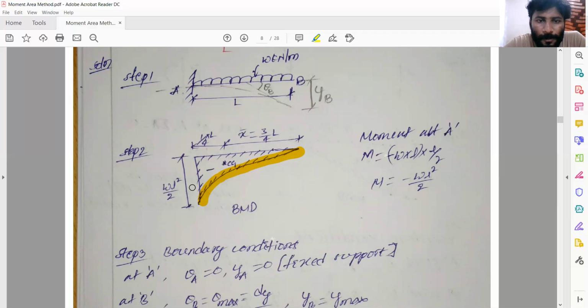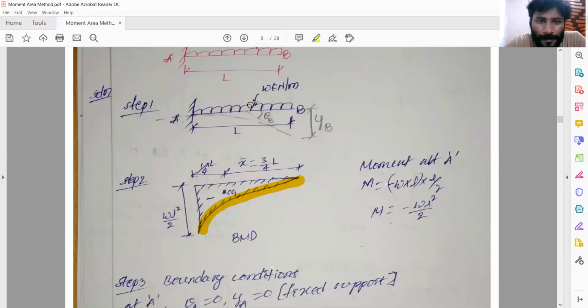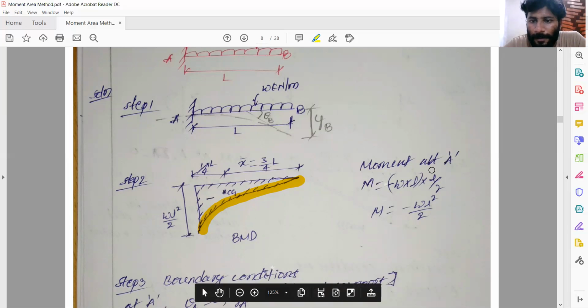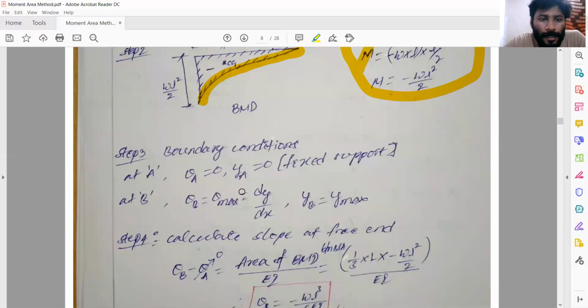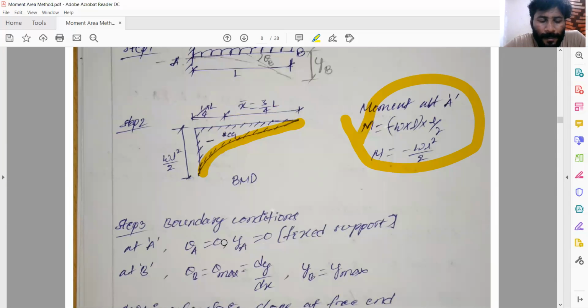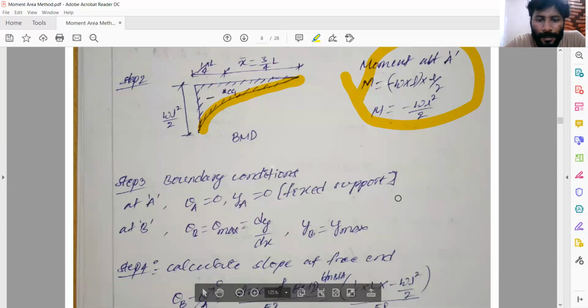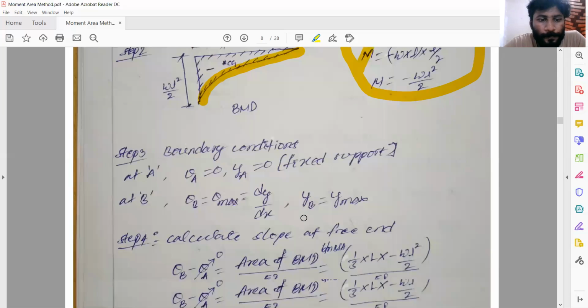Here WL square by 2, because W into L is the load, WL into L by 2. That's WL square by 2, the bending moment at A. The calculation is given here. The boundary conditions, again, if you want, you can write them, otherwise you can leave them. It's not necessary to write boundary conditions each and every time. If it is known to you, then you can leave that step.